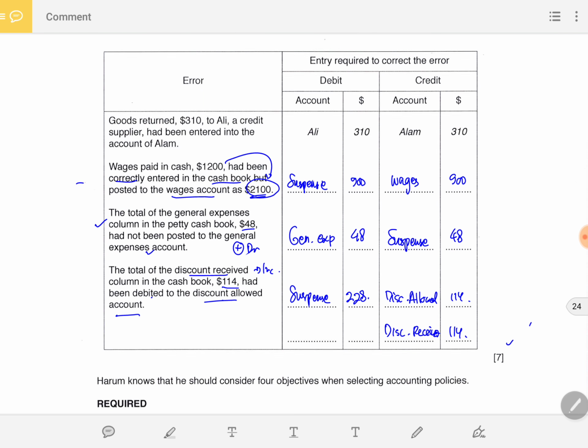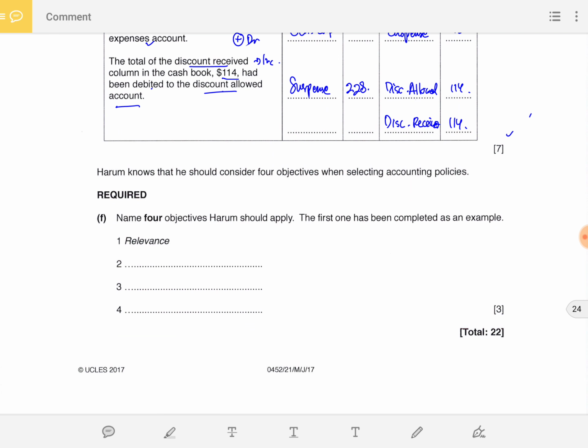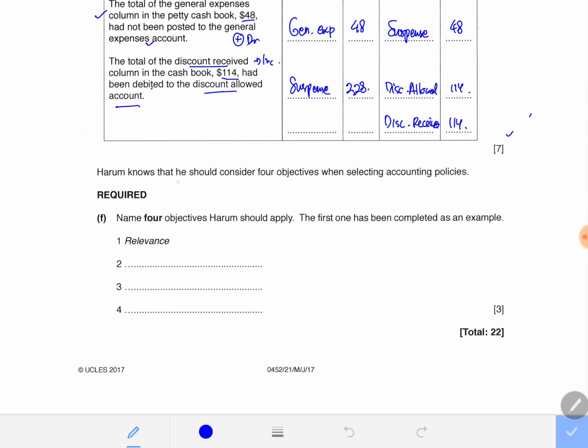Then next, last one. Harum knows that he should consider four objectives when selecting accounting policies. Name four objectives Harum should apply. The first one has been completed as an example. First of all is relevance. There are only four objectives in your accounting rules. First is relevance.